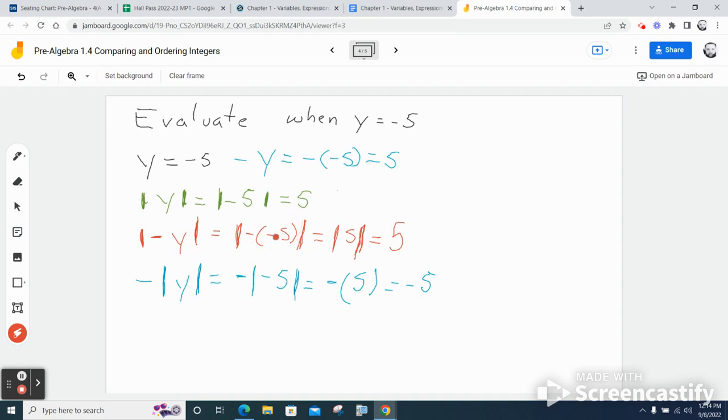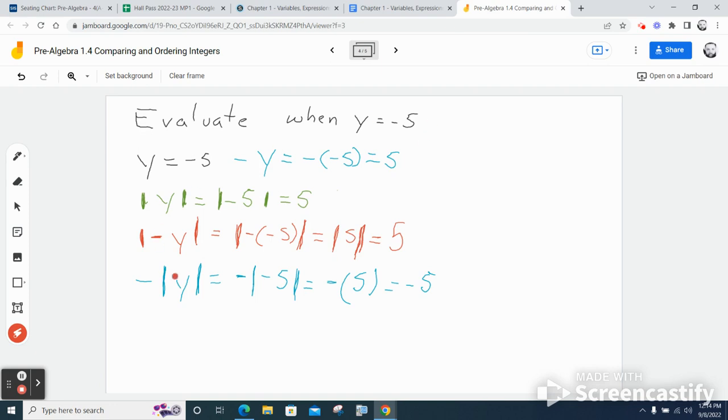What's the negative of a negative? +5. Now, how far is +5 away from 0? Still 5 units. A common mistake that people make when it comes to absolute value brackets, they think you're supposed to do the opposite of whatever's in the absolute value brackets. No, the answer is just always positive.